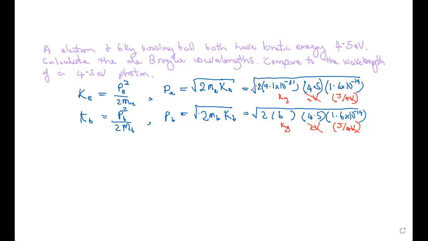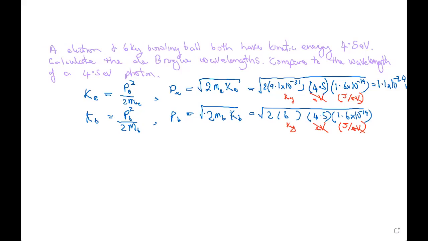And so if we look in here, all these quantities, all these values have SI units now. And so now I can carry out these calculations. For the electron, the momentum is 1.1 times 10 to the minus 24, and the SI units of momentum are kilograms meters per second.